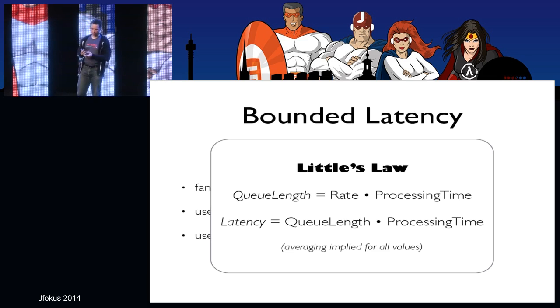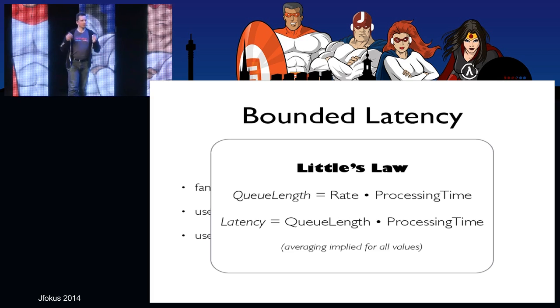It's quite intuitive. A corollary to that is if you take the queue length and multiply it by the processing time, that is the average time an element needs to wait between being queued and being dequeued. So that is the latency introduced by the queue.